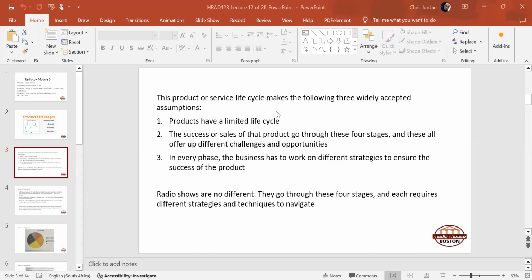Okay, so following three widely accepted assumptions. One, the first thing is that products have a limited life cycle. Again, a recap from the previous lesson, because I'm sure we did mention this. Any product or service has a limited life cycle. Nothing can last forever. We're not all Coca-Cola, which has been around for over 100 years now.